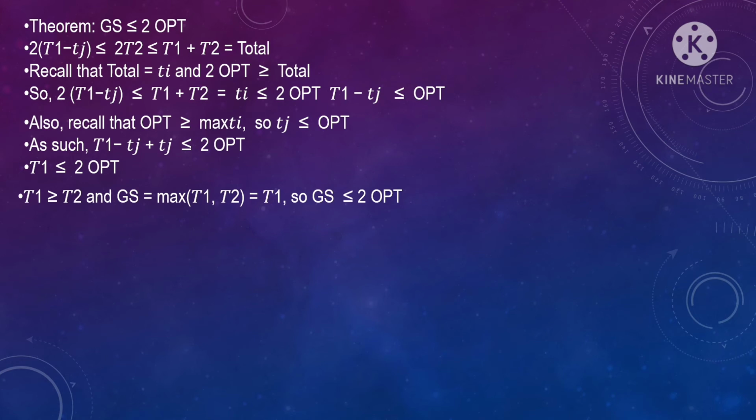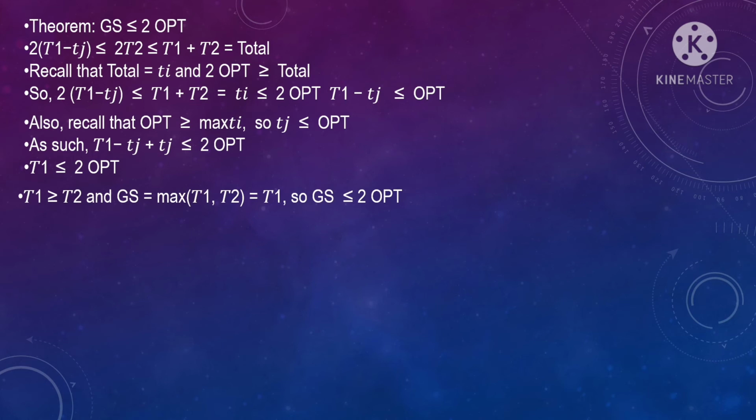Recall the total T1 plus T2 and 2 OPT is greater than or equal to total. So 2 OPT is greater than or equal to T1 plus T2, which is greater than or equal to 2 times T1 minus Tj. So T1 minus Tj is less than or equal to OPT.